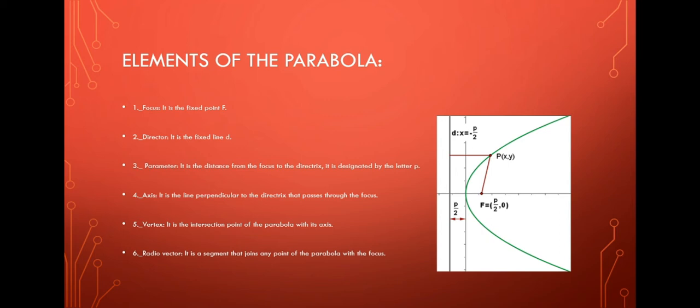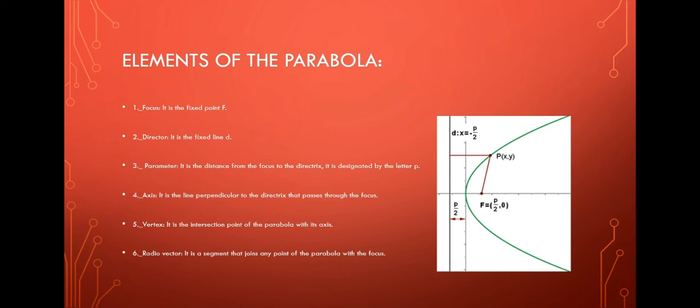Elements of the parabola. Focus is the fixed point F. Directrix is the fixed line D. Parameter is the distance from the focus to the directrix. It is designated by the letter P. Axis is the line perpendicular to the directrix that passes through the focus.